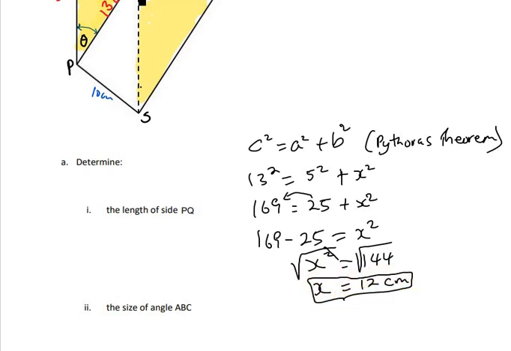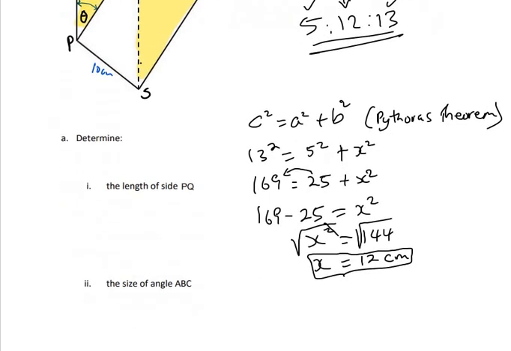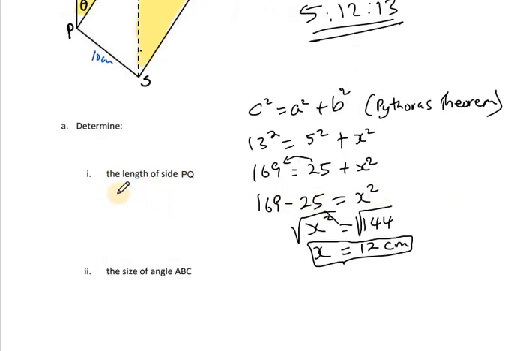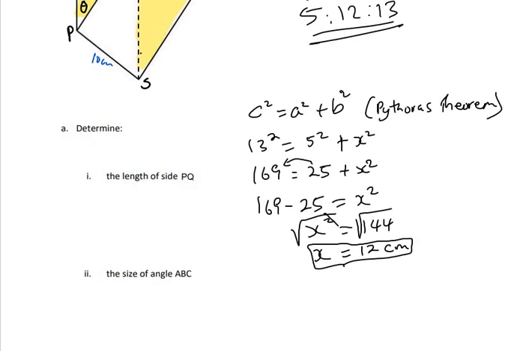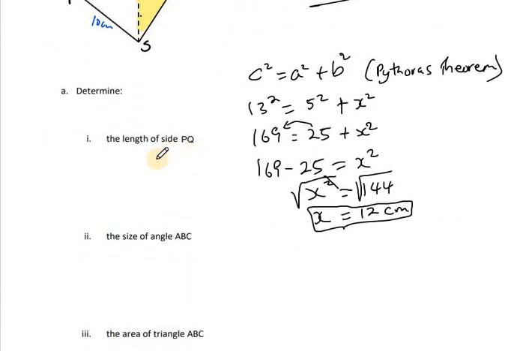And if you're familiar with Pythagorean triples, you know this was a Pythagorean triple because the hypotenuse is 13, so this is a 5, 12, 13 ratio triangle. If you're given the hypotenuse of 13 and another side of 5, you know the other side has to be 12. Just a little trick of the trade. So the hypotenuse is 13, one side is 5, the next has to be 12. And so PQ, which is X, is equal to 12 centimeters.